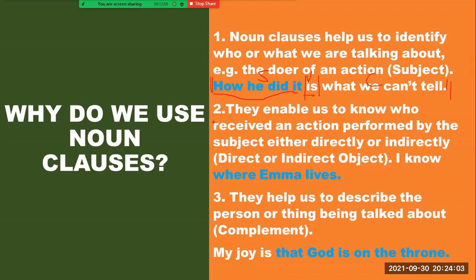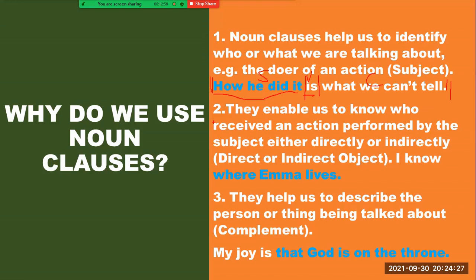So if an action is performed, then someone receives the action. For example, if someone takes a kind action of giving money out, then there must be a receiver who received it.